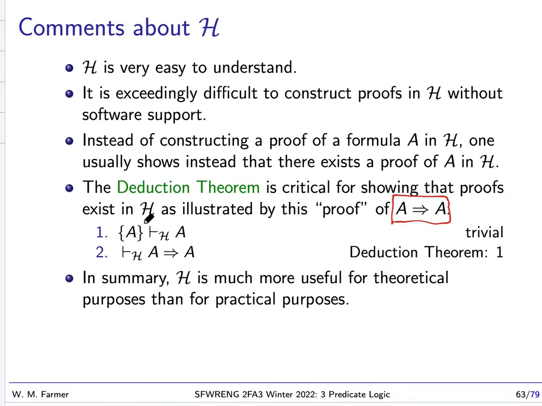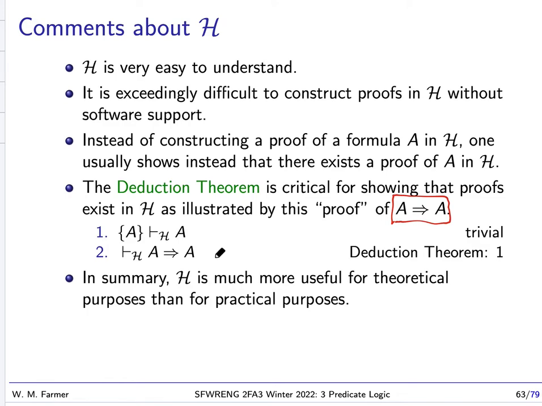I start with one assumption A, and it's trivial that if A is a premise, then I can prove A. Because remember, in a proof, any member of the proof can be a premise. So we get this trivially, and then we use the deduction theorem applied to one, and we get A implies A.